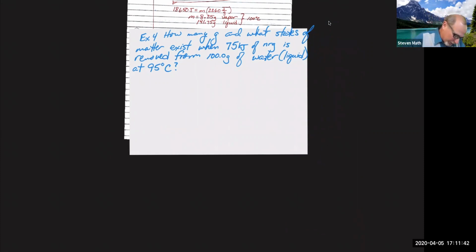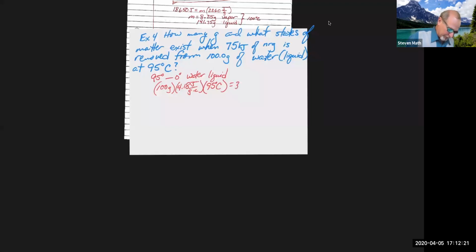So the first thing we're going to do is go from 95 degrees to 0 degrees, and that's going to be of liquid water. That's going to be 100 grams, 4.18, and our temperature change is 95 degrees Celsius. And so this is going to cost us 100 times 4.18 times 95.